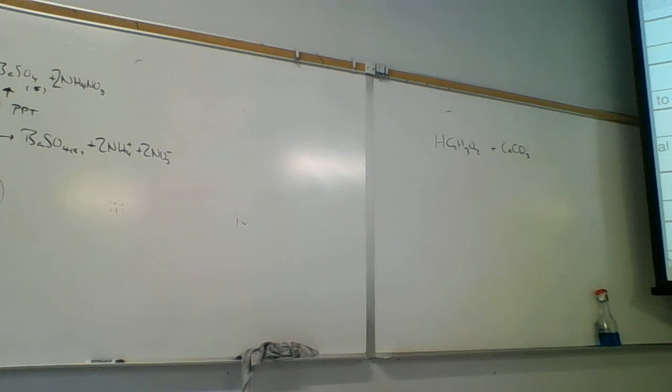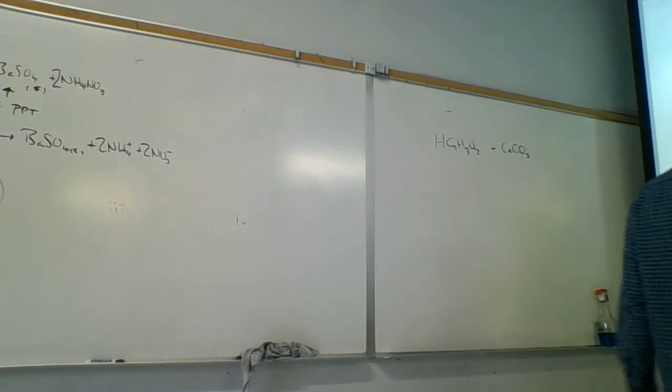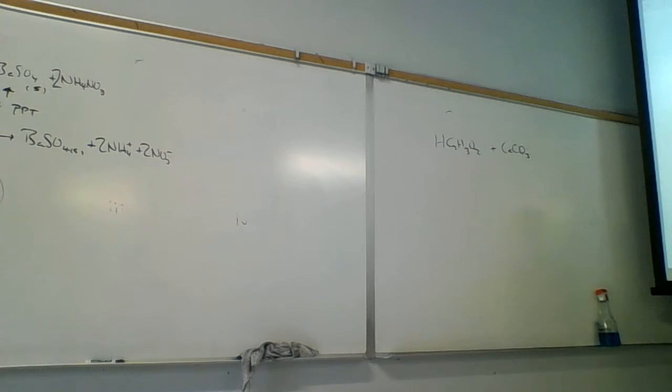Because I know acetic acid is an acid. If acetic acid is the acid, what's the base? I'll tell you what the base is. The base is carbonate. Carbonate's the base.